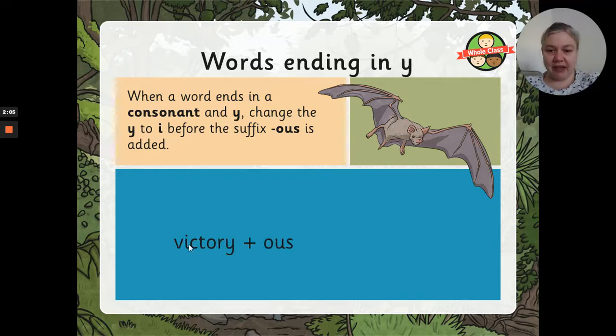Let's look at the word victory. We can see here we've got the letter Y at the end of the word, and the letter before the Y is a consonant. It's the letter R. So to add the OUS suffix onto the end of this word, I'm going to take off that Y and change it for an I before adding the OUS suffix onto the end.